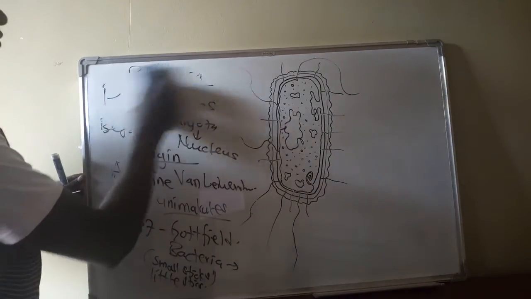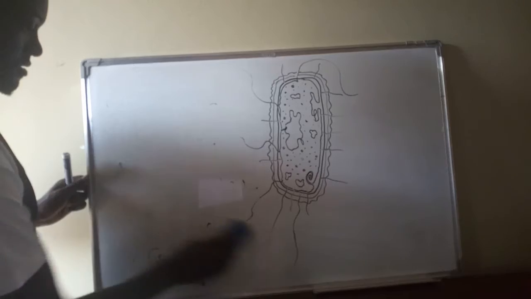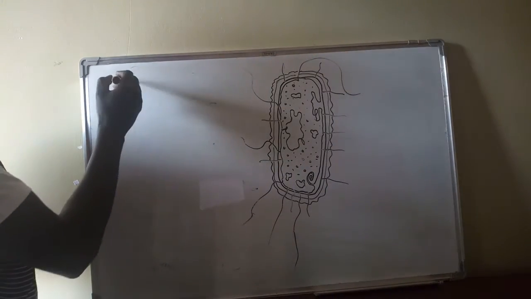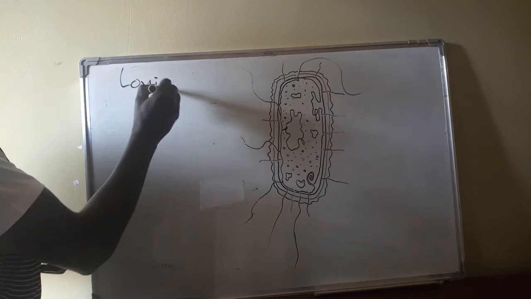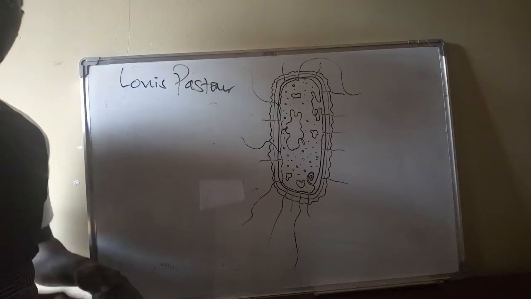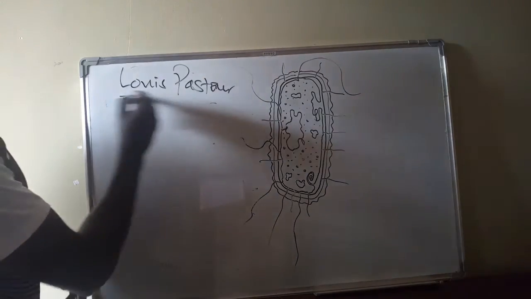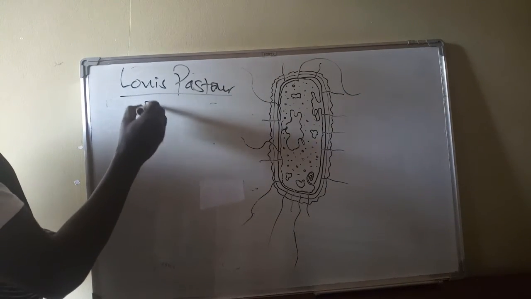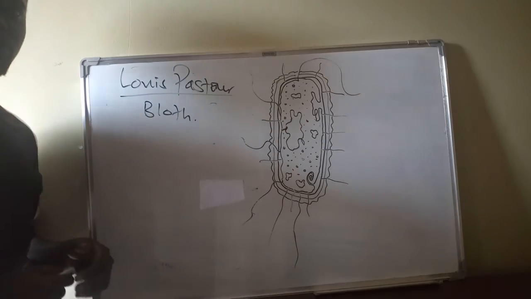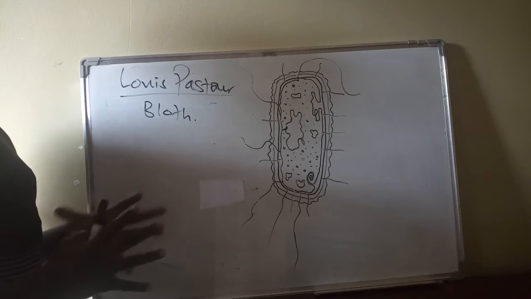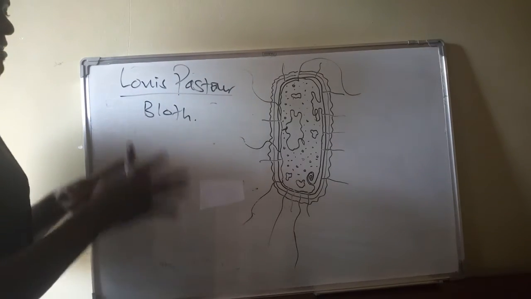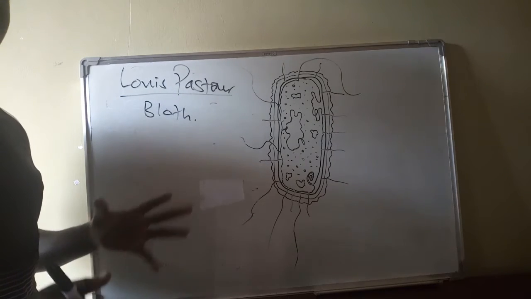The other scientist was Louis Pasteur. This was a brilliant French scientist who used broth. Broth is like a culture mixture, a growing medium of meat, some cereals, and other material that can support microbial growth.